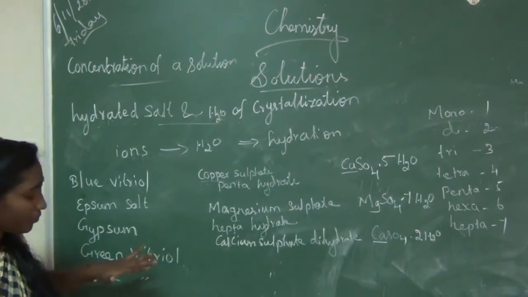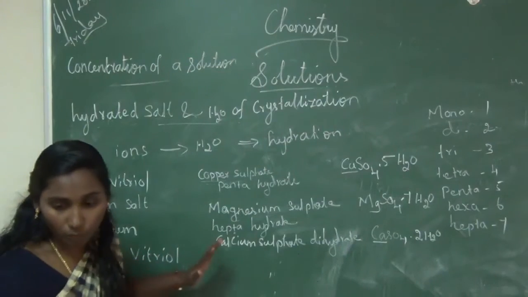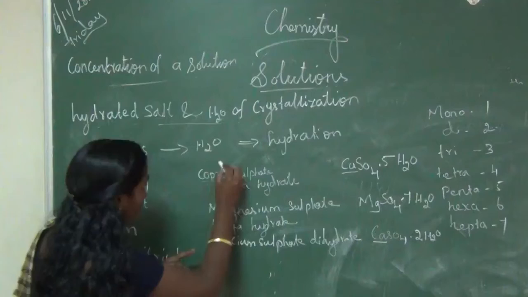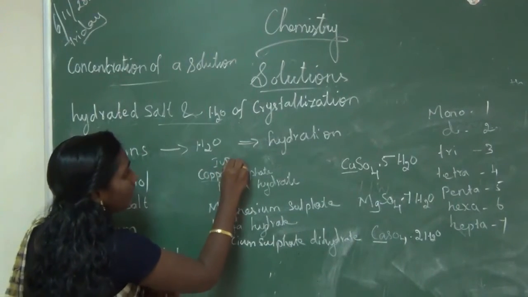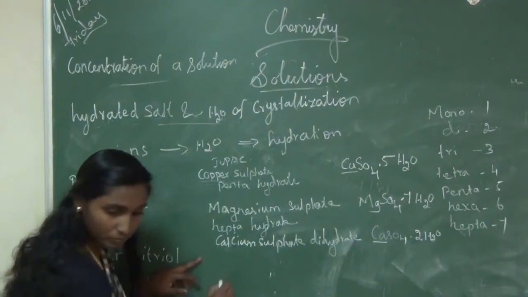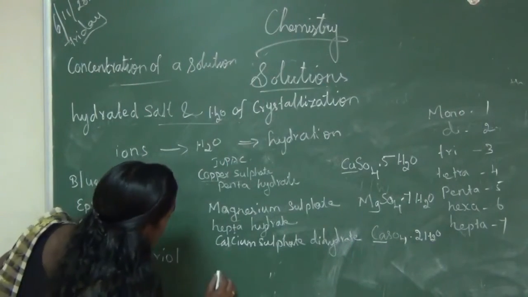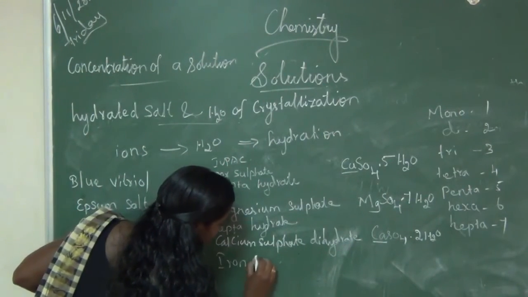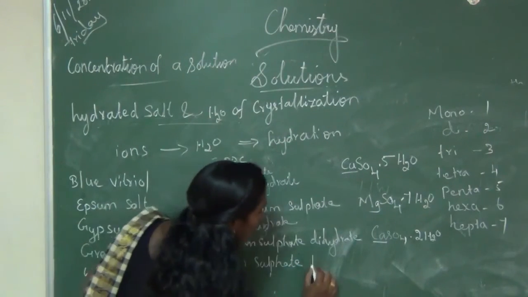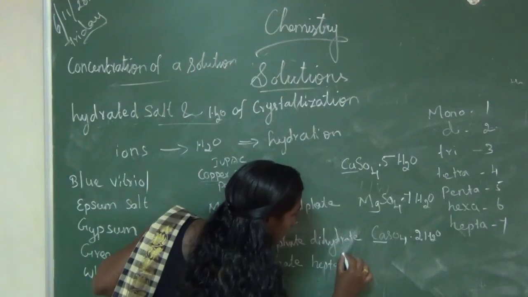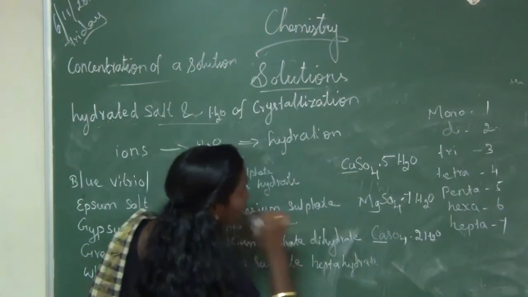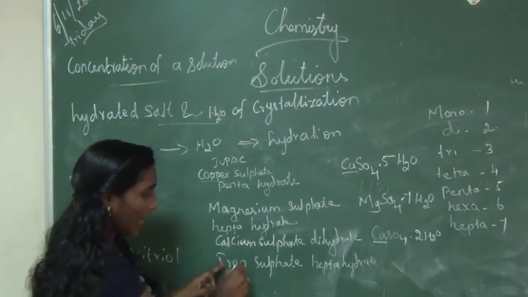Then green vitriol. The green vitriol IUPAC name is iron sulfate heptahydrate. Can you write the molecular formula?